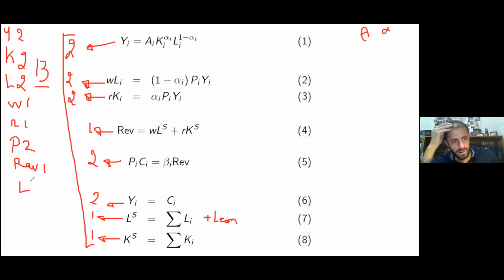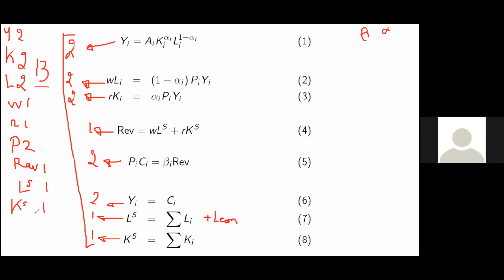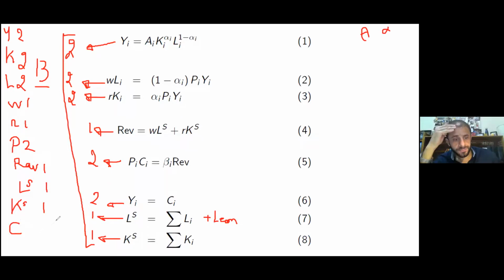Labor supply? 1. Capital supply? 1. Production? We already presented it. C, we forgot C. So consumption, 1 or 2? 2. Did we miss anything?